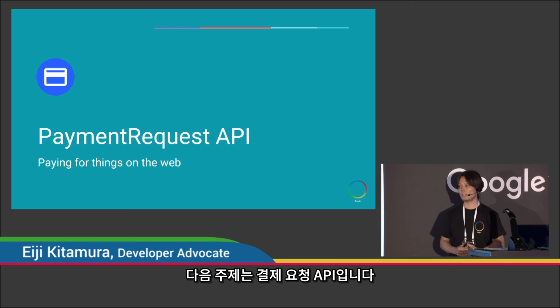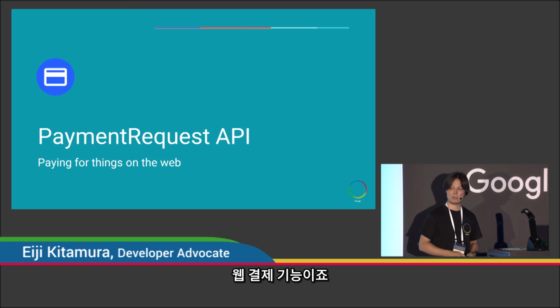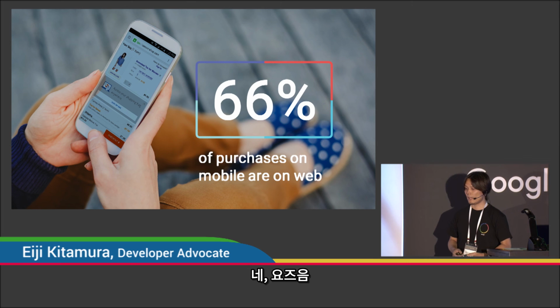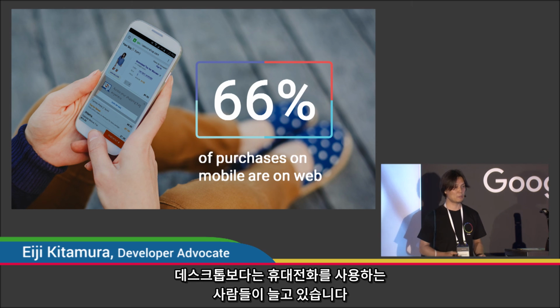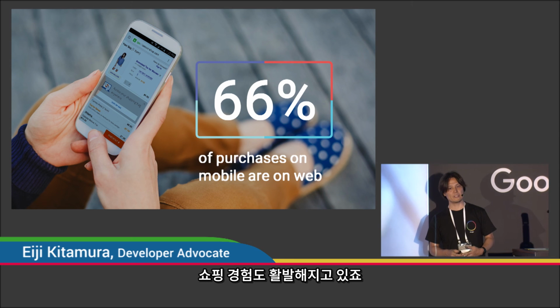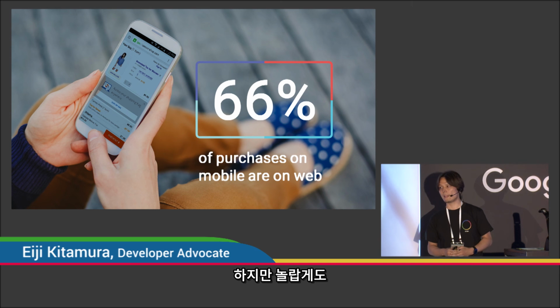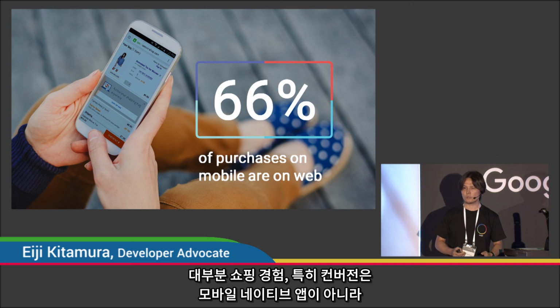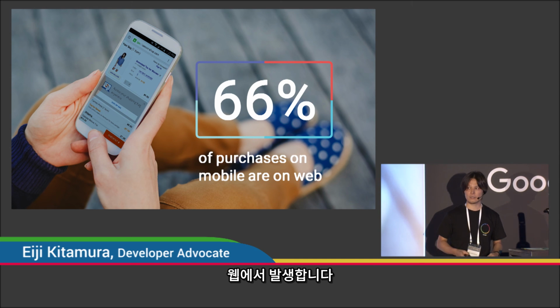Okay, then I'll move on to the next topic, which is the Payment Request API, which is a part of the web payment effort. As mobile computing is getting more traction and people are using mobile phones rather than desktops, the shopping experience is also gaining more traction. But what is surprising is that most of the shopping conversion still comes from the web instead of mobile native apps.